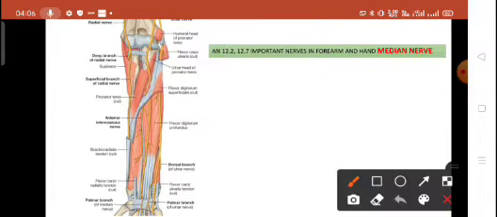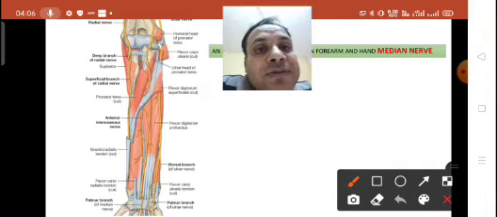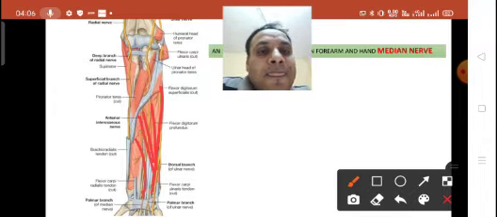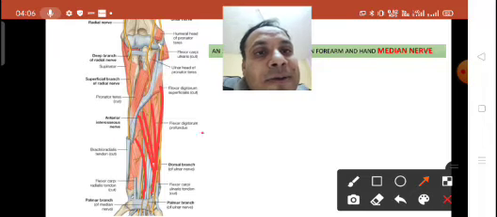You can see this diagram. Here is the flexor digitorum superficialis muscle. This one is the lateral border of flexor digitorum superficialis.